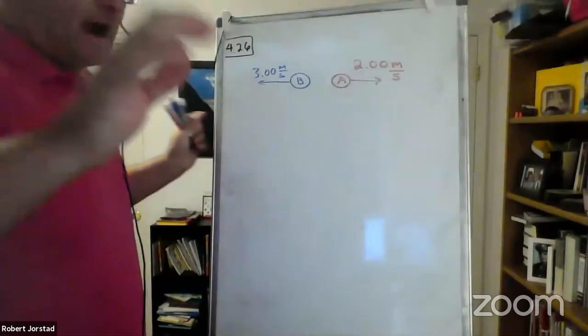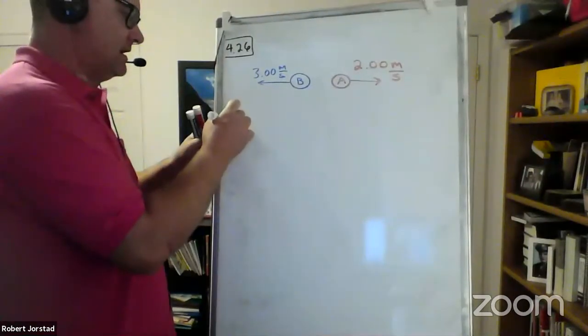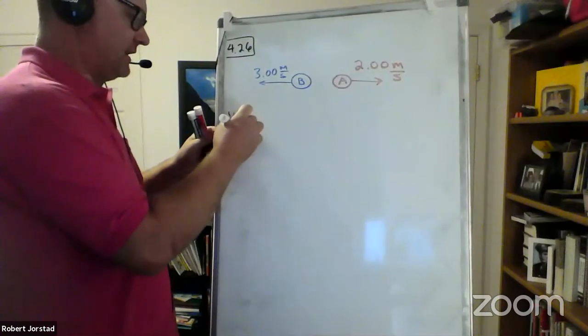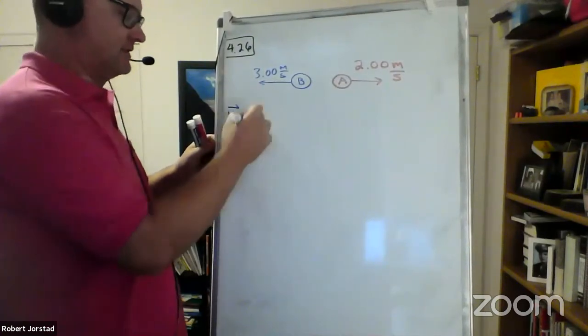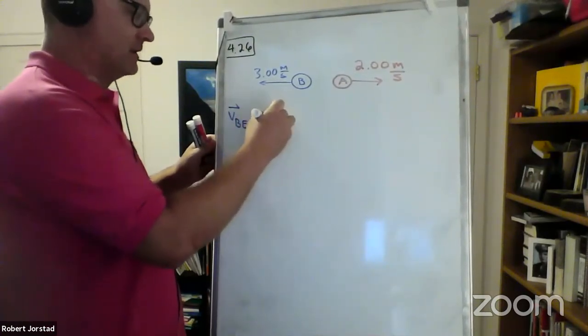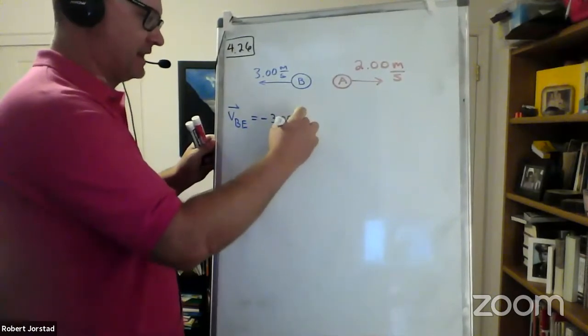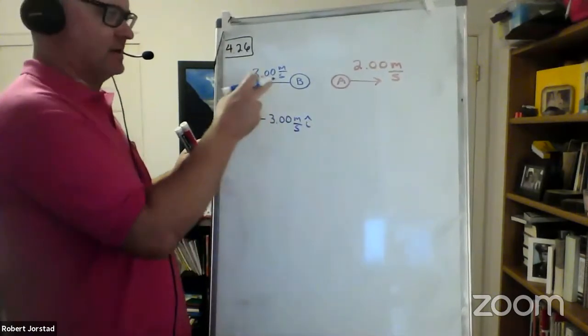Let's get used to writing down the words correctly. This is the velocity of B relative to Earth. It would be negative 3.00 meters per second i hat, because it's going to the left.